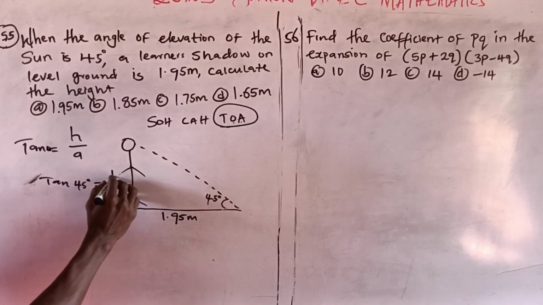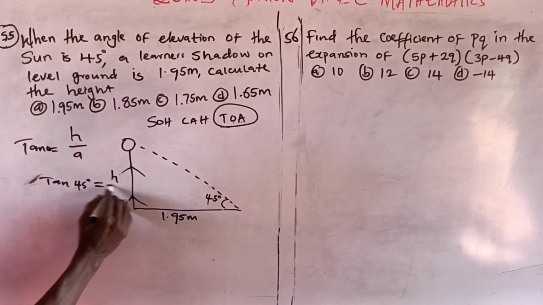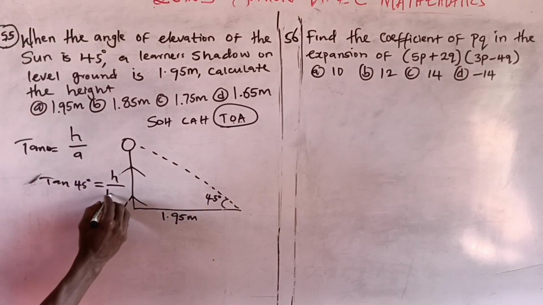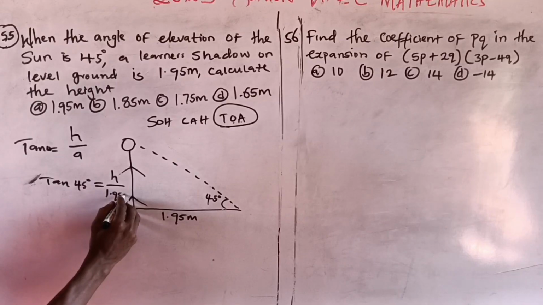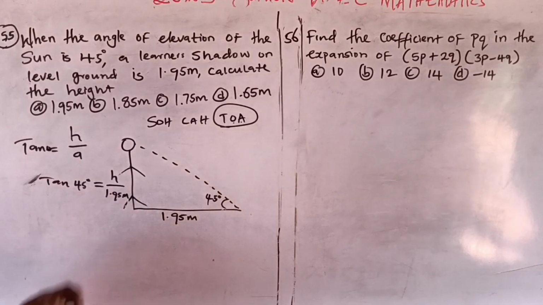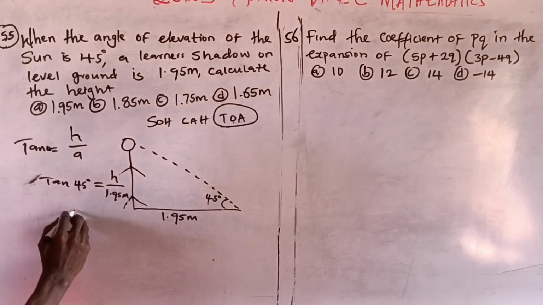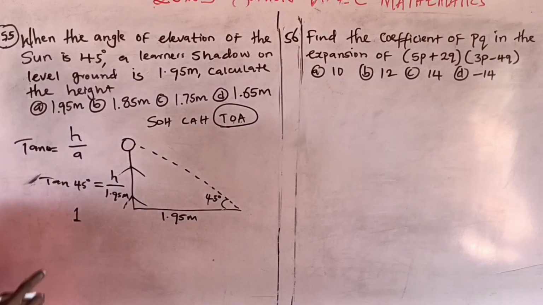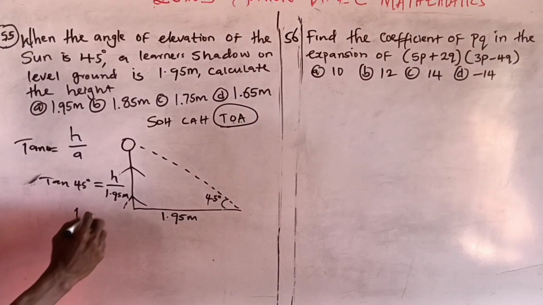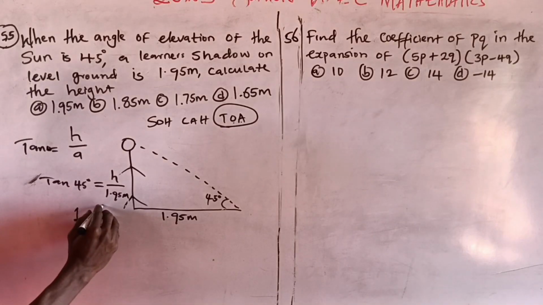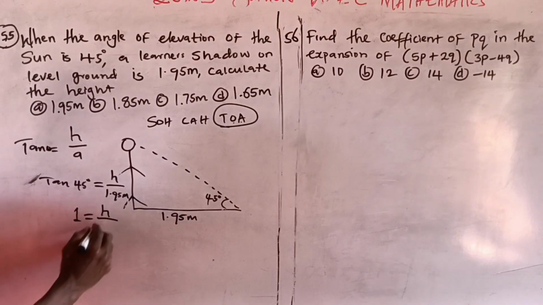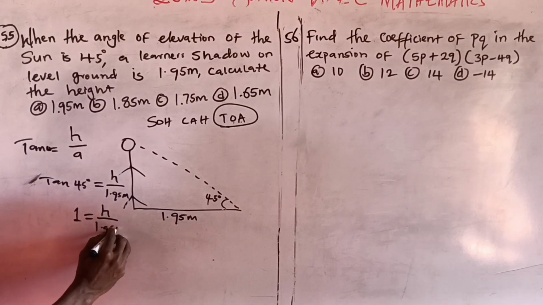Equals to height over what? Adjacent is 1.95 meter, right? So what do we do here? Tan 45 is what? Tan 45 is 1. That means we have 1 is equal to H, the height, over 1.95 meter.